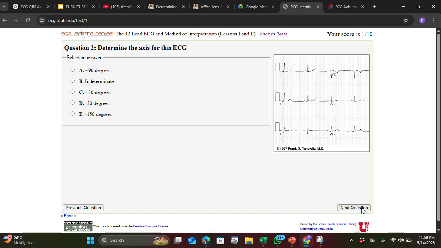Now, another thing: plus 90 plus 120 is 210, and 210 is not even on the graph. If the value is greater than 180, you subtract 360. If it is less than 180, you add 360.